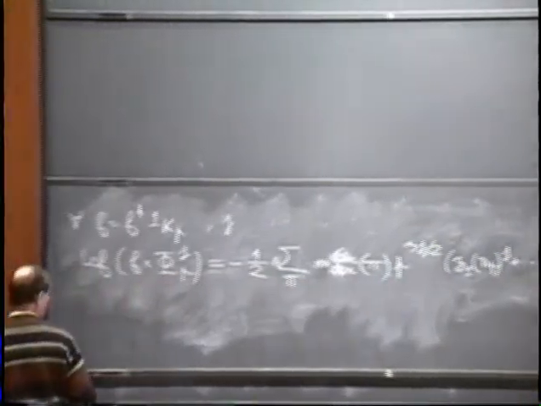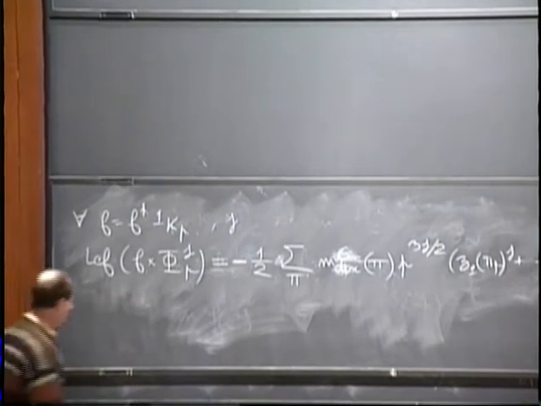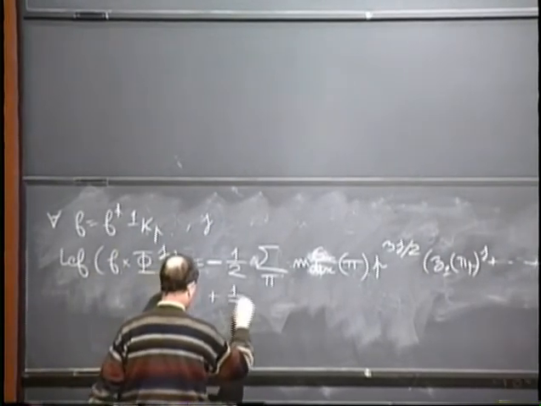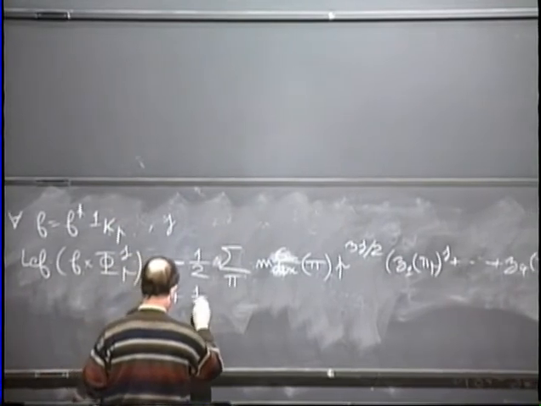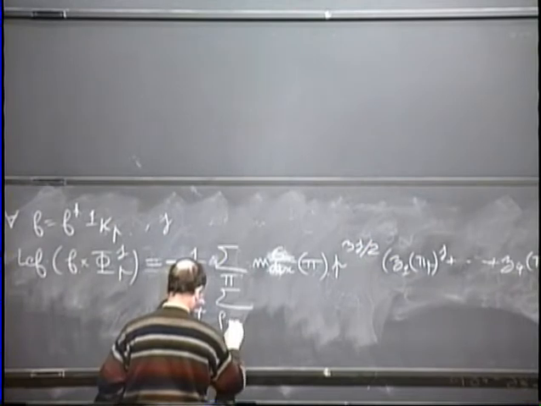So this is the main term, there is a minus here, the main term for the group, and there is also a main term for the endoscopic group, which is a similar sum.